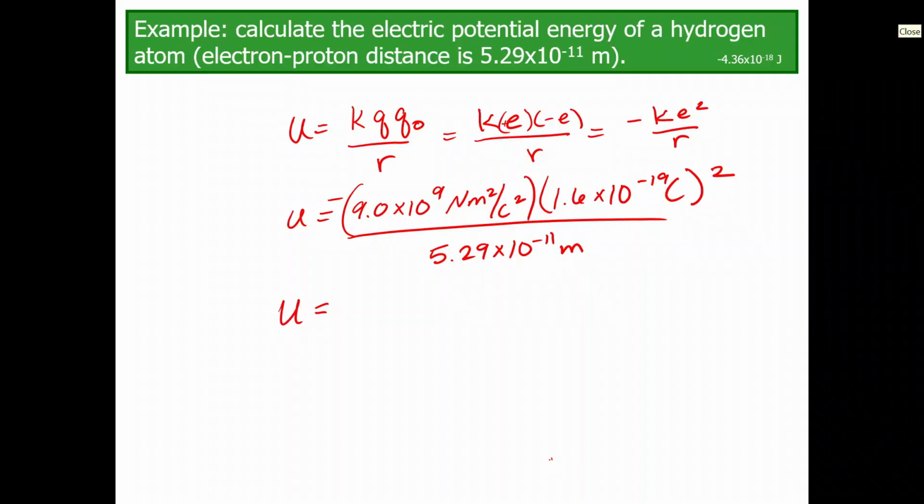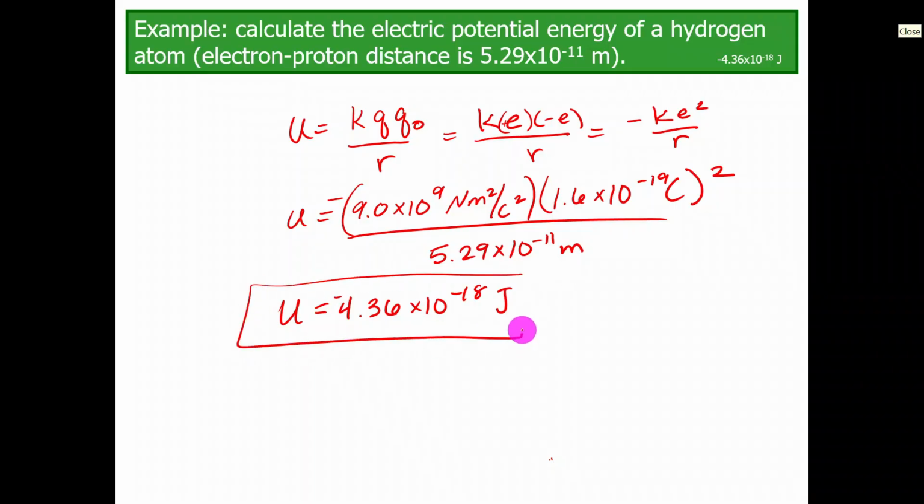And when you go through and plug in, we get 4.355, so let's just do 3 sig figs, 4.36 times 10 to the negative 18th joules. And that should be negative.